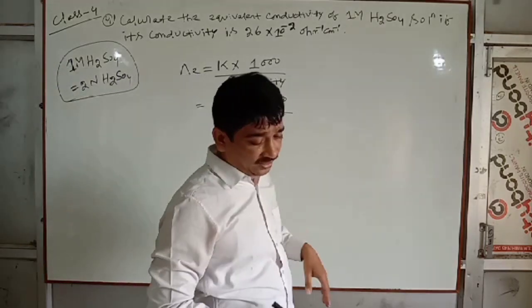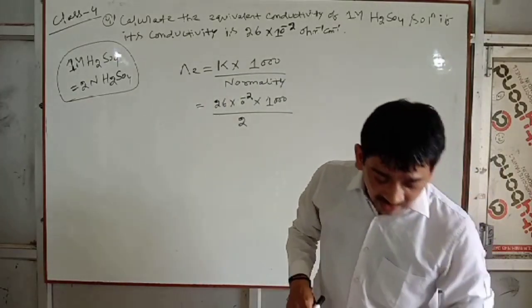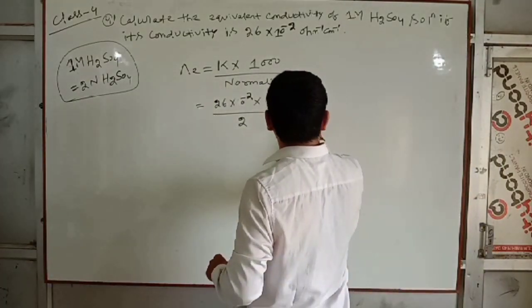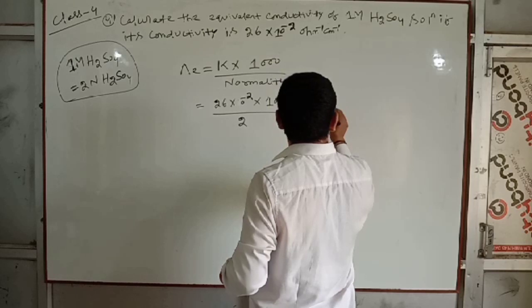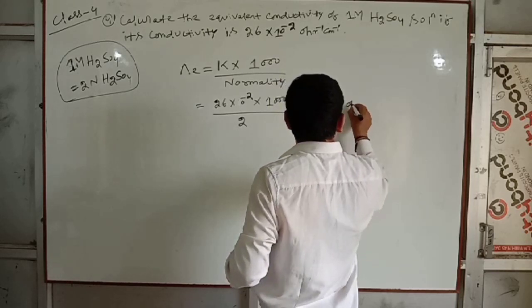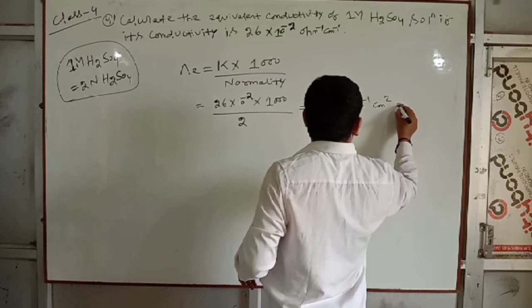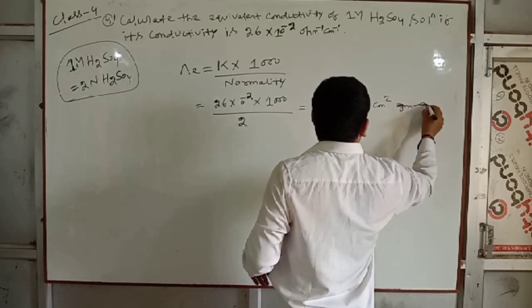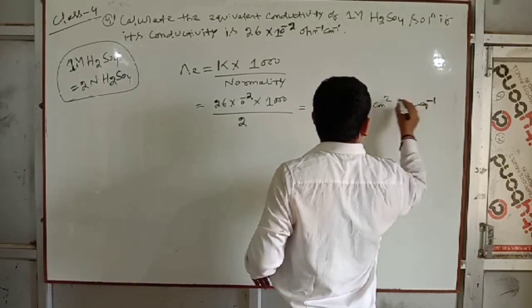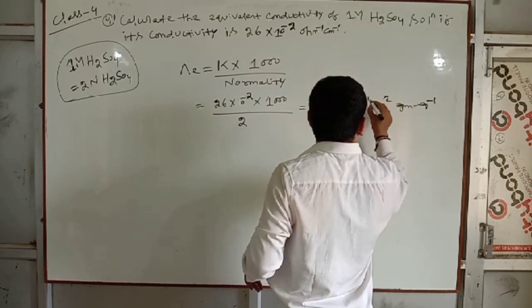We are putting this in this equation. So the answer will come 130 if you cancel. This will come 130 ohm inverse centimeter square gram equivalent inverse.